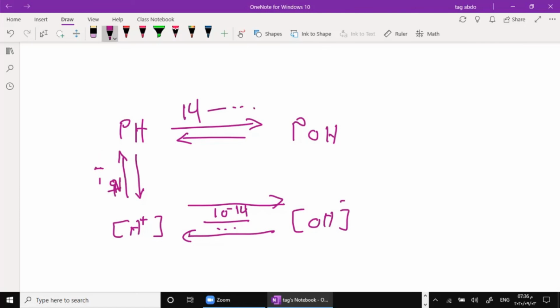The same here with pOH: minus log of the value, and to convert pOH to concentration, 10 to the minus the value. If you have pOH, put it as a power of 10 to the minus, then you will have the concentration of hydroxide anion.